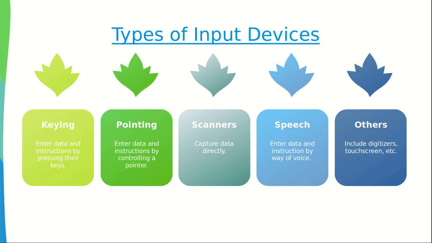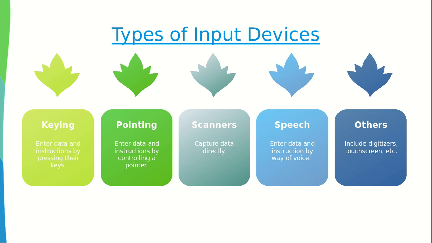The second type of input devices are pointing devices. These devices are used to enter data and instructions by controlling a special pointer across the screen. We shall also look at that shortly. And then we have scanning devices or scanners.